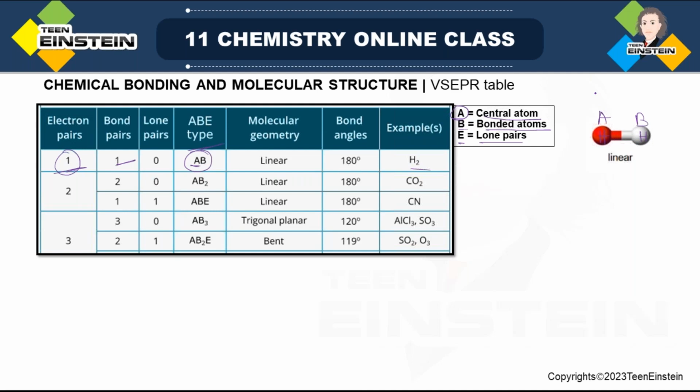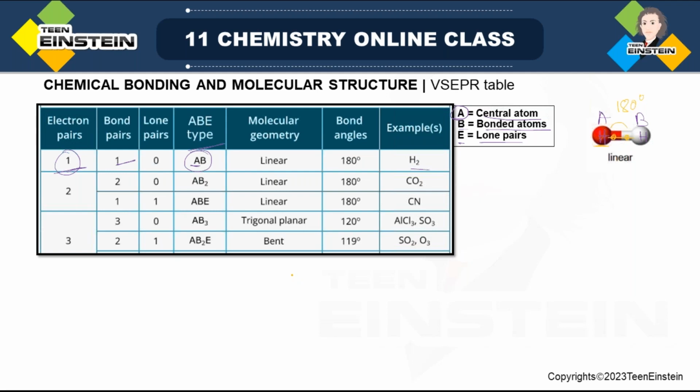Now we know that hydrogen has only one electron, so in this bond that is present here, there will be two electrons. So just focus on only one hydrogen. Surrounding it, there is only one electron pair, and that electron pair is a bond pair. Fine. So in this case, it is a linear geometry, and this angle is obviously 180. So that is also mentioned in this step.